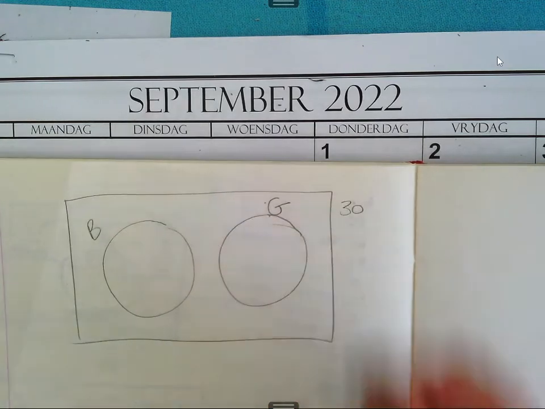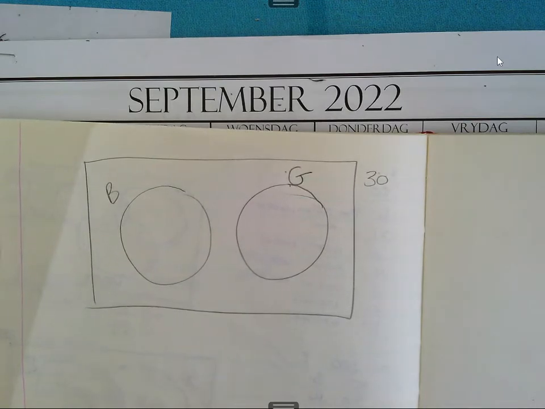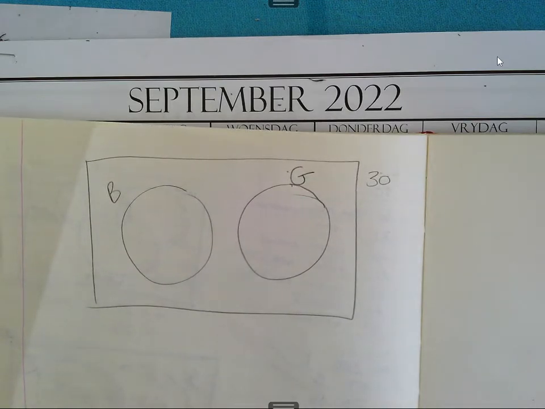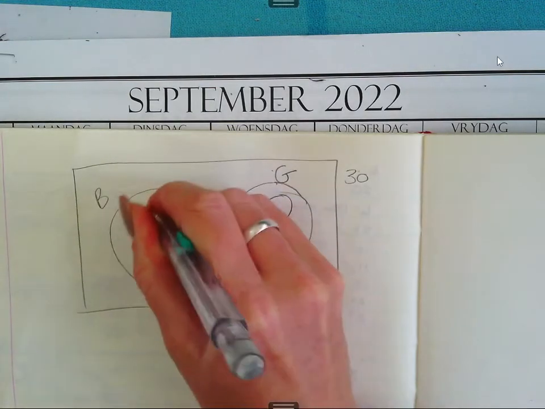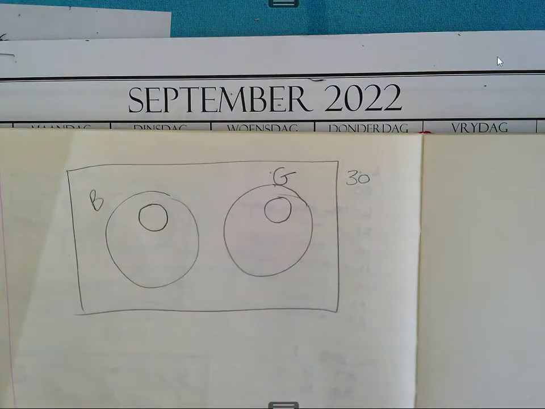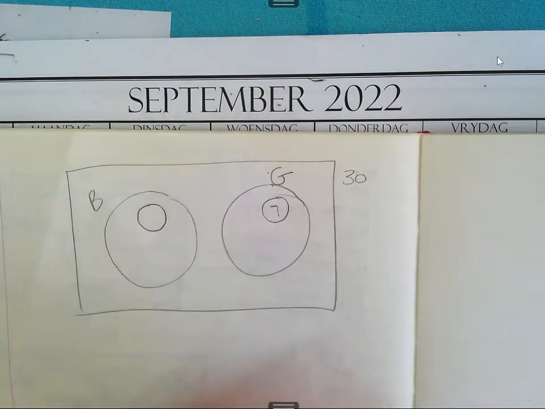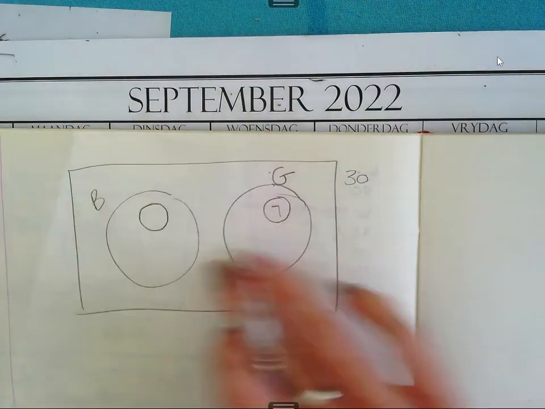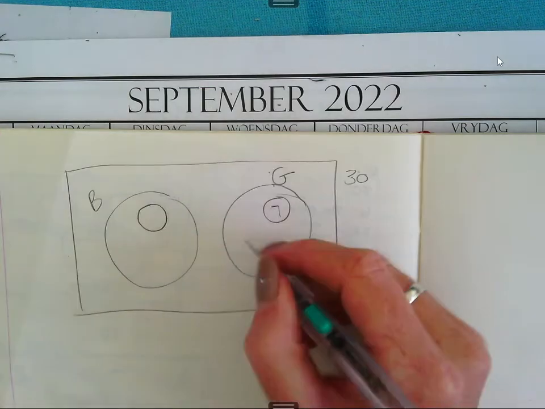Now when we want to show the girls with blue eyes in these Venn diagrams, they're not going to cross each other either, but inside of the Venn diagram you're going to make a new circle to show that there is something specific about the type of children that you get there. So they said it's 16 girls, but 7 have got blue eyes. How many girls will not have blue eyes? 9.